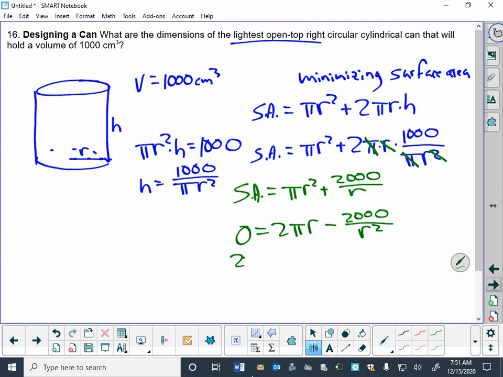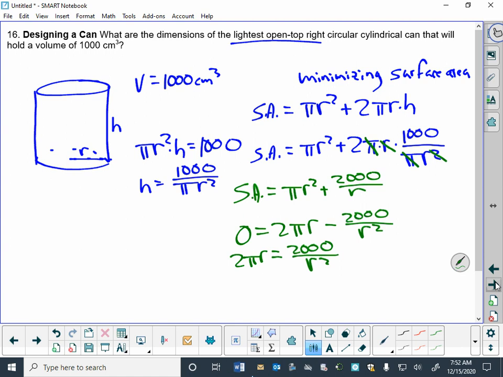Set equal to 0, that's going to say 2 pi r has to equal 2,000 over r squared. If I multiply both sides by the r squared and divide by the 2 pi, that's right, yep, 2 pi r is 2,000 over r squared.